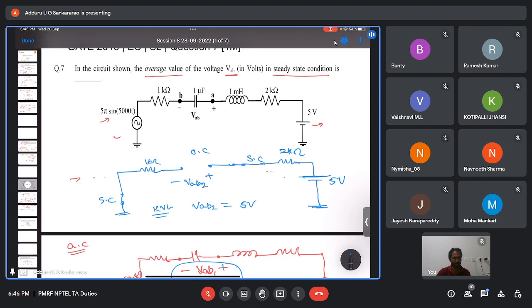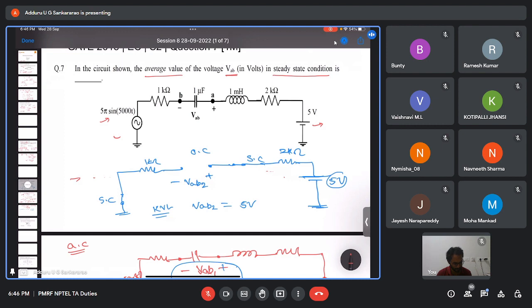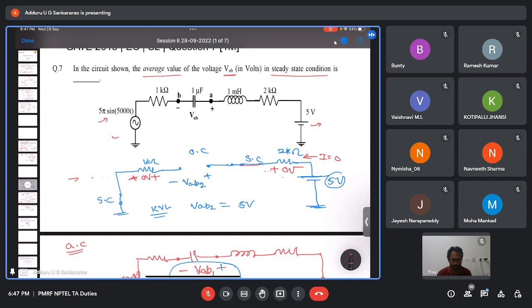At steady state, the capacitor completely charges to whatever DC source voltage is present. Since the capacitor is open circuit, the current in the circuit is zero, so the voltage drop across the resistances is 0 volts. The inductor is a short circuit, so the entire voltage is dropped across the capacitor. So VAB2 is 5 volts.